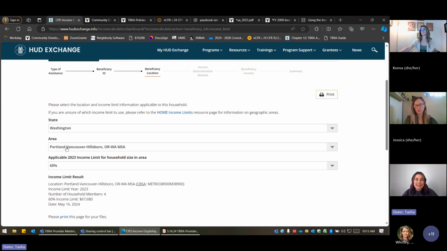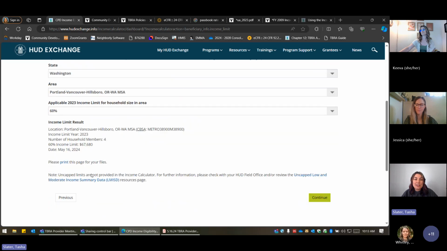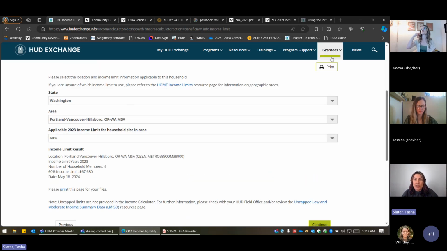We are in the state of Washington, Portland-Vancouver metro area, and the income limit is 60%. The income calculator has all of the updated income limits, and will come up with the AMI number that needs to be in there. Along the way, we'll also have these print or PDF options for your files.